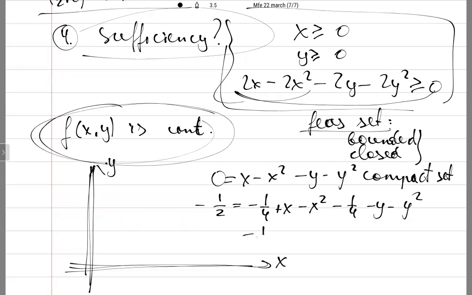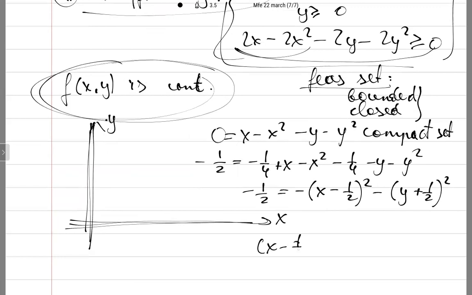And I see that it is minus 1/2 equals minus (x minus 1/2) squared minus (y plus 1/2) squared. And basically it's a shifted circle.